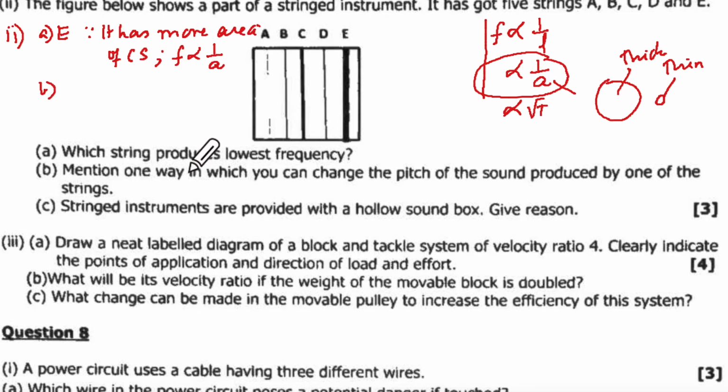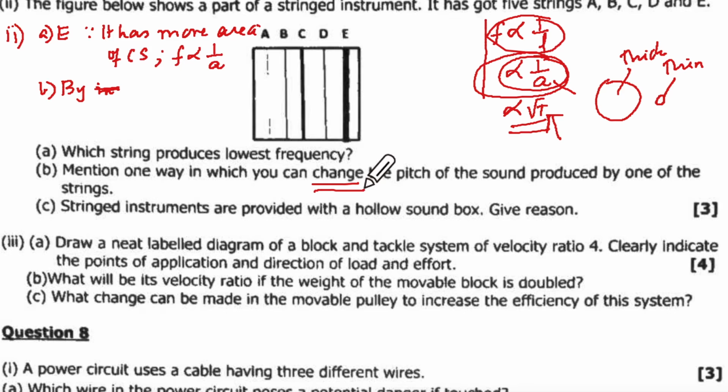Let's come to B. Mention one way in which you can change the pitch of the sound produced by one of the strings. For one of the strings, the length is the same and the area of cross section is the same, so I am going to change the tension. How can I change the pitch? By changing, not increasing. They are saying changing the pitch.